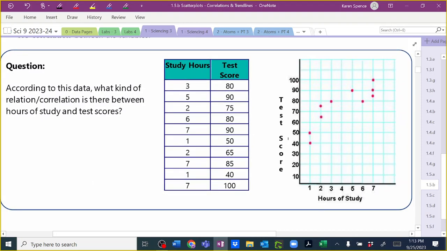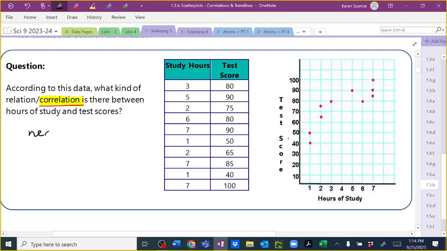Take a look at the data on the graph and tell your neighbor, what kind of correlation do we have? What are the three choices that we have?